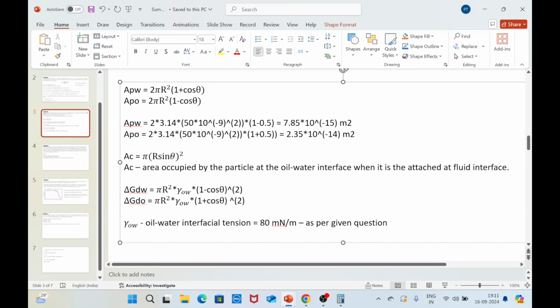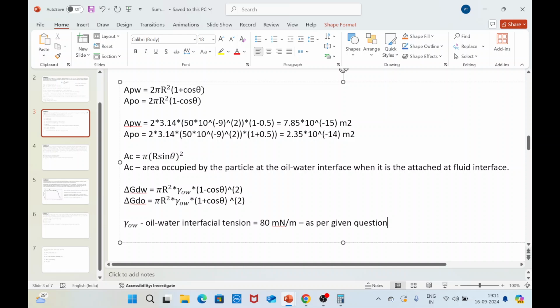APW, that is the area of the particle in the water medium, is 7.85 times 10 to the power minus 15. But in case of APO, it is 2.35 times 10 power minus 14. If you make the order the same, it will be 23.5 times 10 power minus 15, and that is only 7.85 times 10 power minus 15.